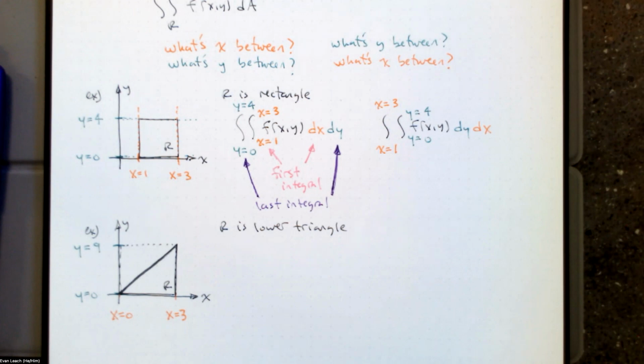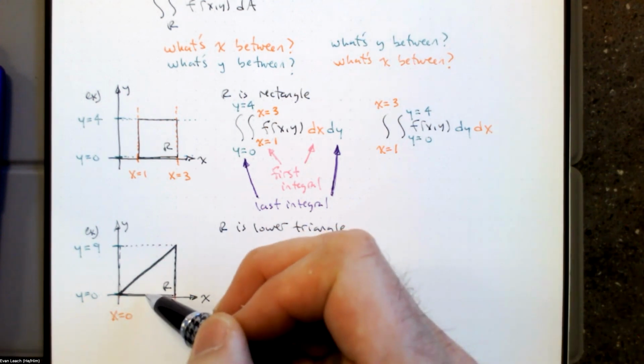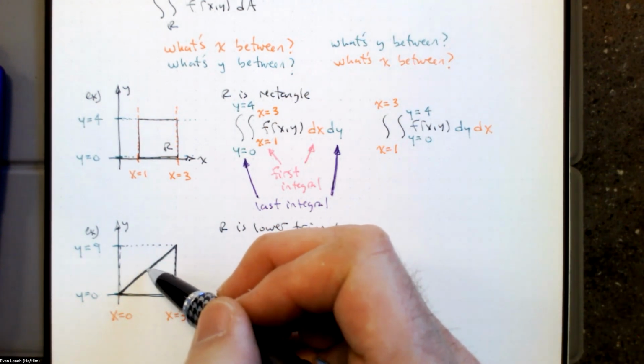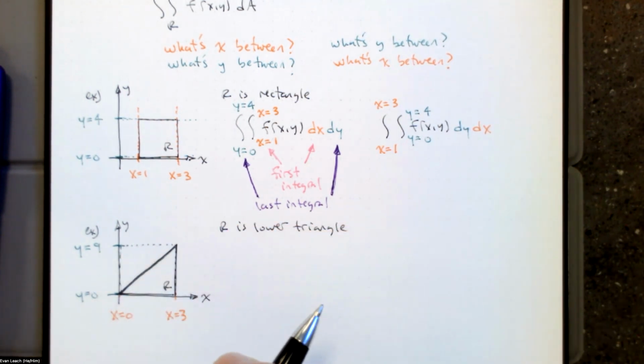Because remember, we can say what's x between, what's y between, or we can say what's y between, what's x between. It didn't matter in the previous example because we had a rectangle, just two intervals. But here, even though x goes between 0 and 3, y starts off at 0 but ends at this line for different values of x.